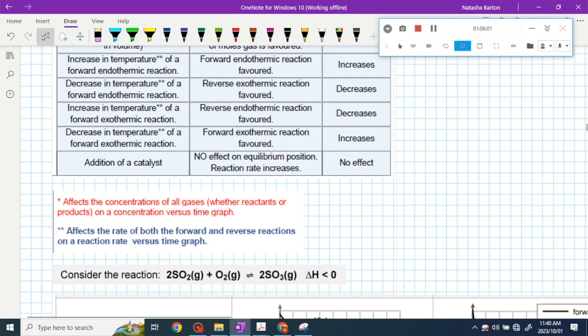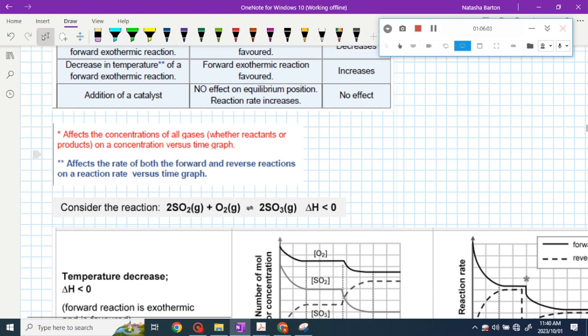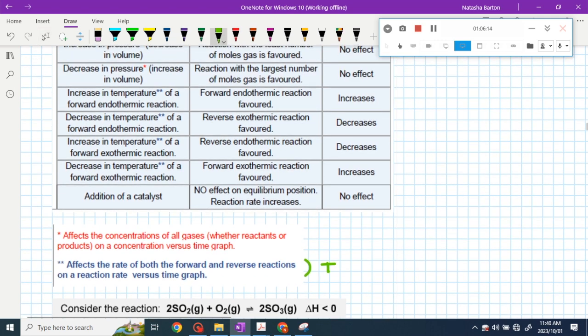Number 1, if we are looking at temperature. Okay, temperature is going to affect, so you're going to see I indicated it in your notes with stars. Temperature is going to affect the rate of both the forward and reverse reaction.